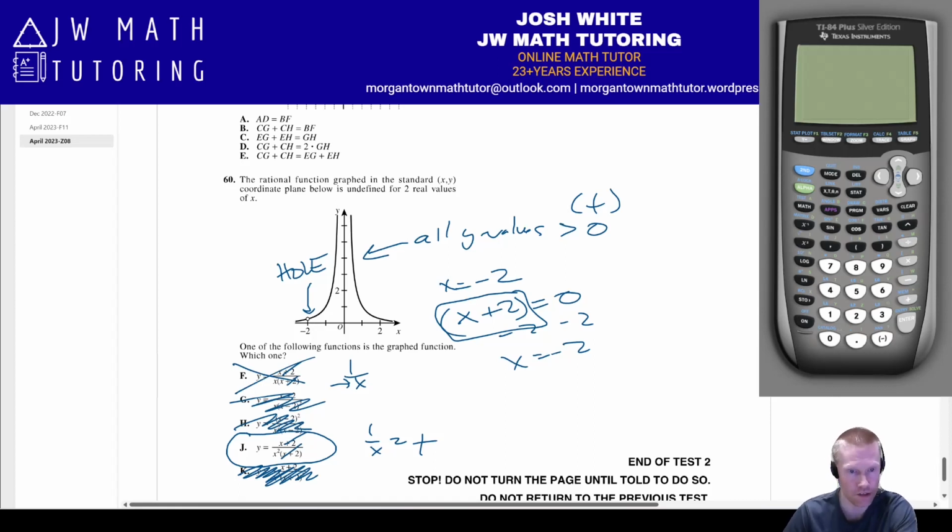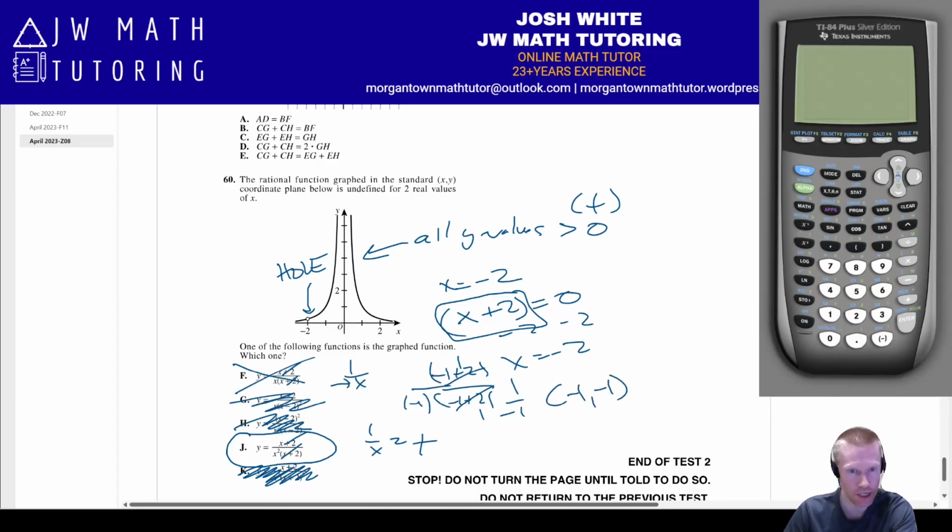And you could also just take, say, -1 and plug it into each of these and check. So, for example, for F, -1 plus 2 on top is 1. -1 plus 2 on bottom is 1. So we get 1 over -1. Therefore, for F, when x is -1, y is also -1.